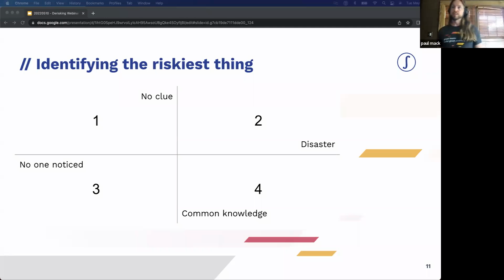Roz, I saw your question. By de-risking, do we mean how we handle risks? I'll pause and answer that while folks are voting in the chat for which quadrant they think holds the riskiest thing. Yes, in short, this is our approach. We call it de-risking to handling risks. And the idea is that you may have heard people use the word mitigation, and I'll even use it likely a few times here.